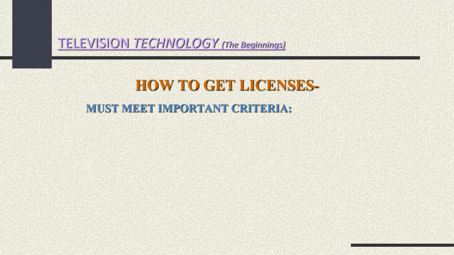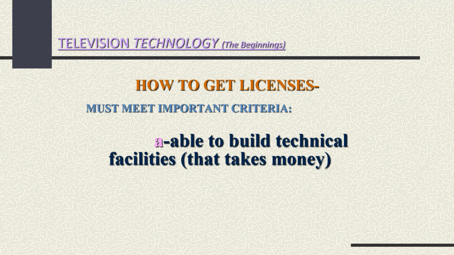So even though the freeze is lifted, there are criteria that must be met in order for a licensee applicant to be considered. First, the applicant had to establish that it could build a facility, or perhaps not a building, but it could remodel an area that would be its technical facilities.